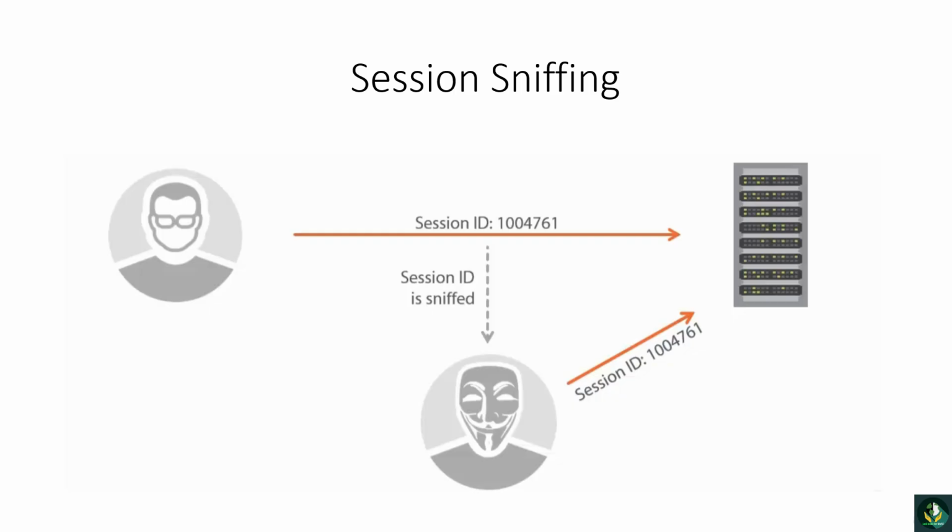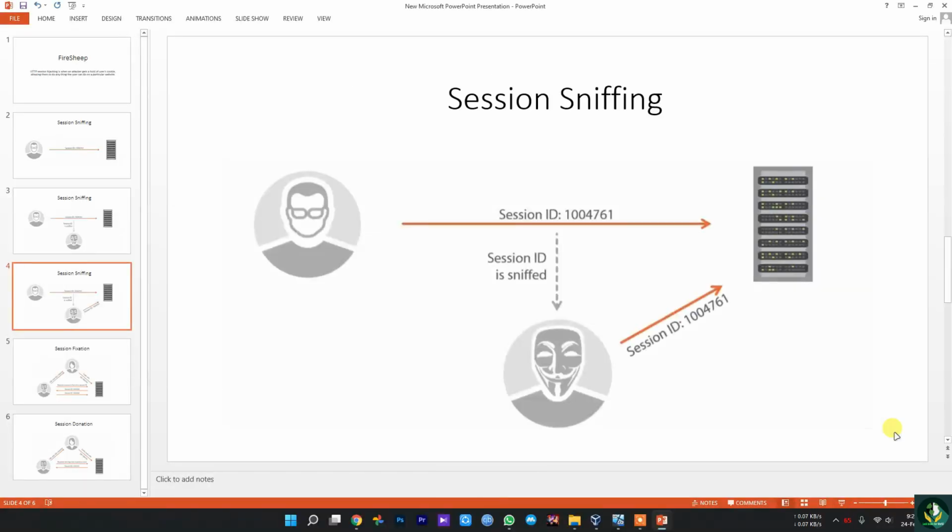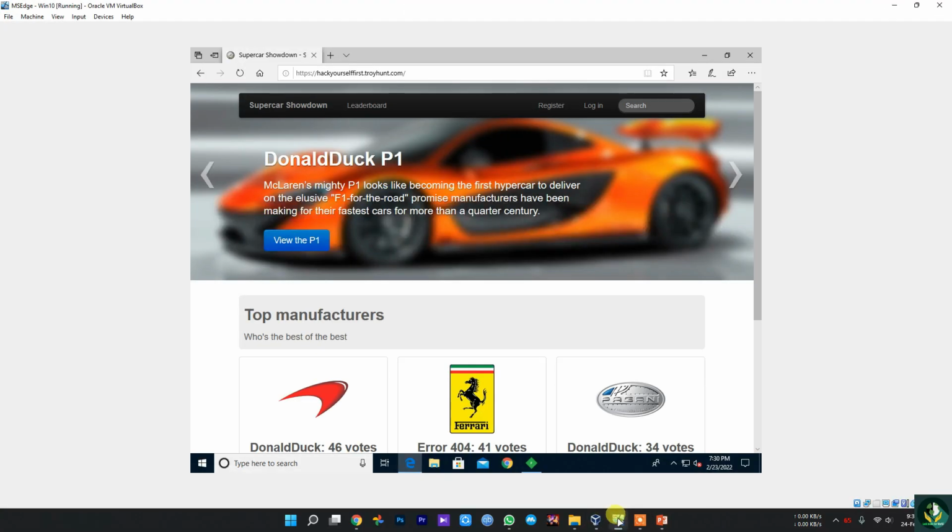So now let's give you a demonstration. The attacker loads up a device like this. This is a simple device, and the attacker actually sets a session ID. In fact, the session ID is something like, as an example, one ending with 764.